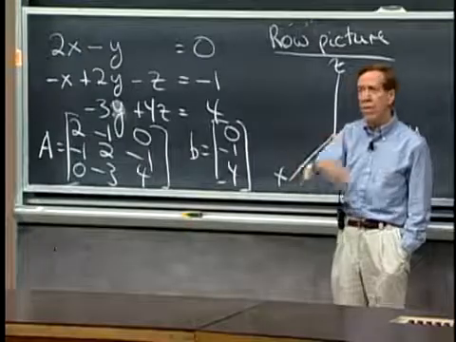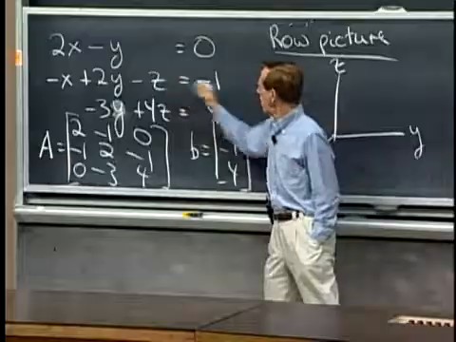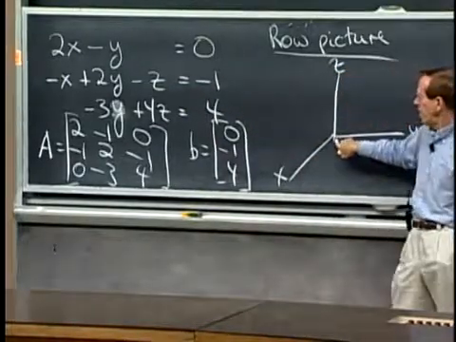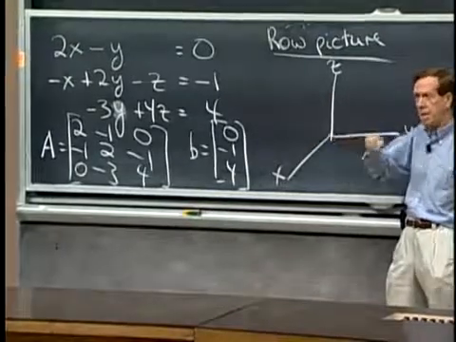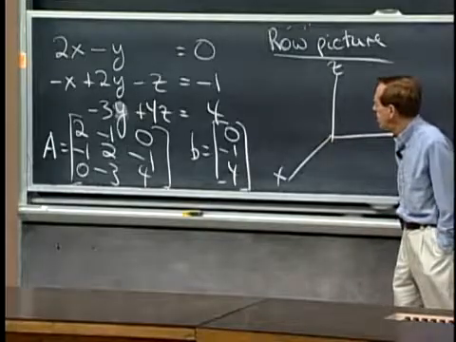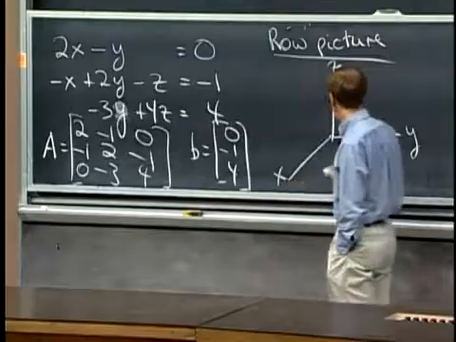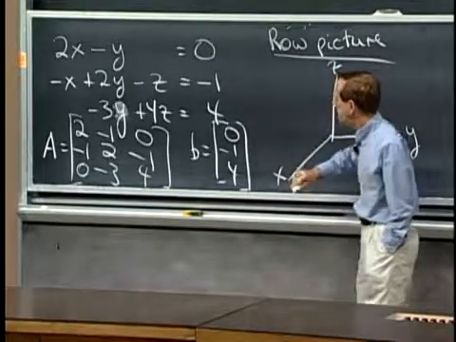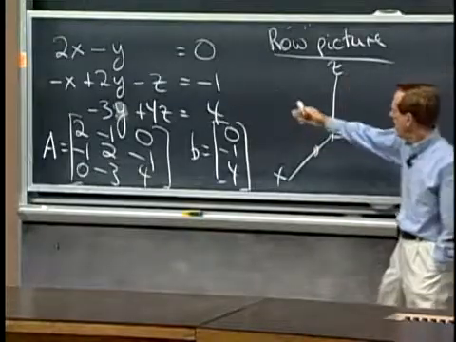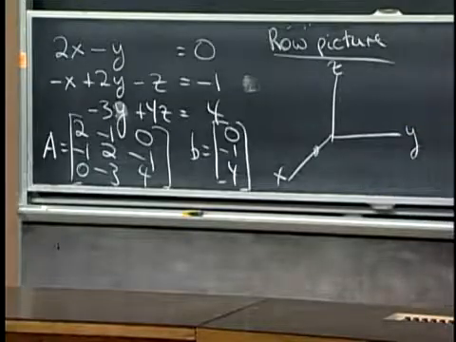If I make a picture of all the x, y, z points that solve this equation, well, first of all, the origin is not one of them. x, y, z being 0, 0, 0 would not solve that equation. So what are some points that do solve the equation? Let's see, maybe if x is 1, y and z could be 0. That would work, right? So there's one point. I'm looking at this second equation here just to start with.